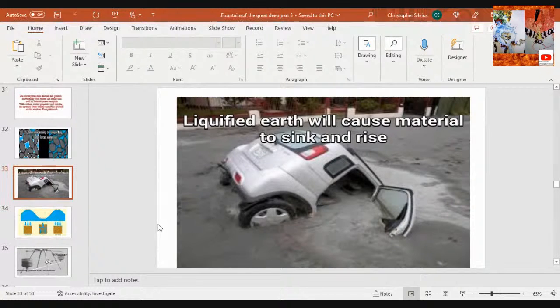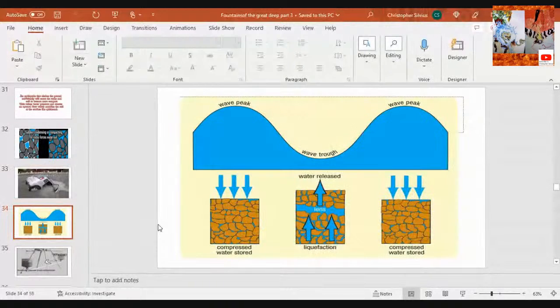So during the flood, during the first 150 days, and then also the assuaging period, the tides during the flood are going to be like an average 150 feet, 200 feet tidal waves, and they're going to be consistently flowing across the entire globe.